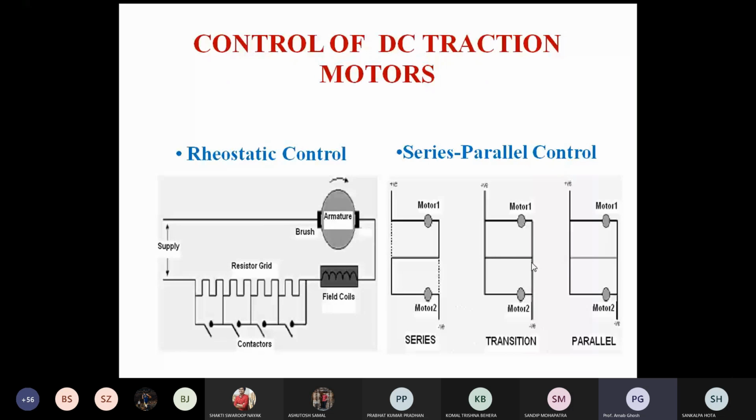That portion I will discuss in my future class. Basically traction is a very vast area, so I will focus on traction for at least 2.5, minimum 3 weeks. One by one, gradually you can understand. Traction is a very important topic, with a lot of interesting portions, so gradually you can understand.